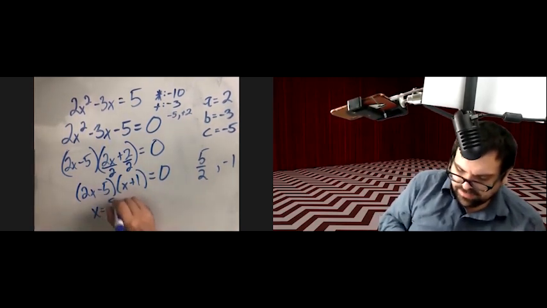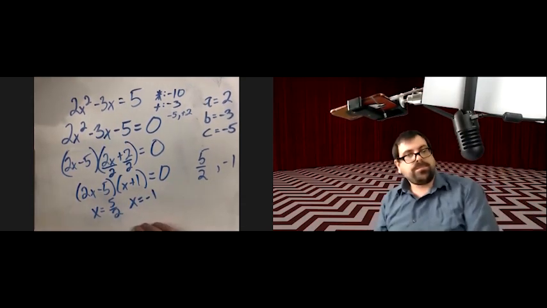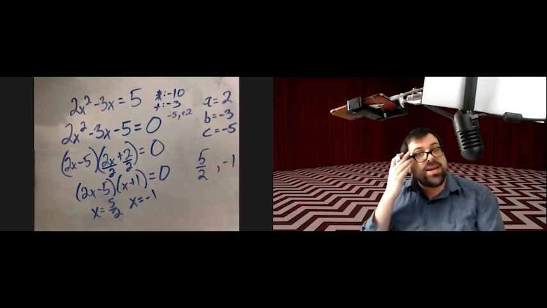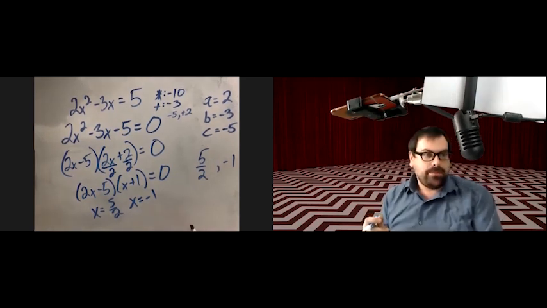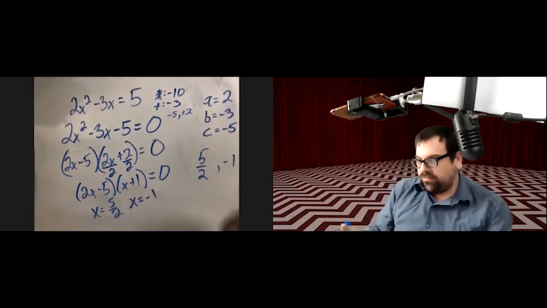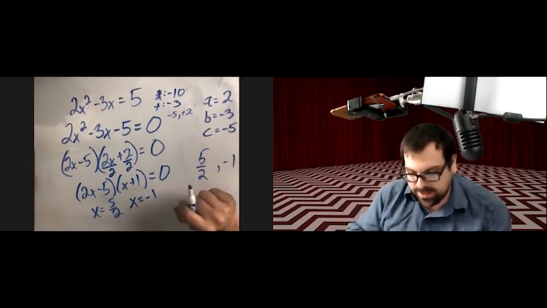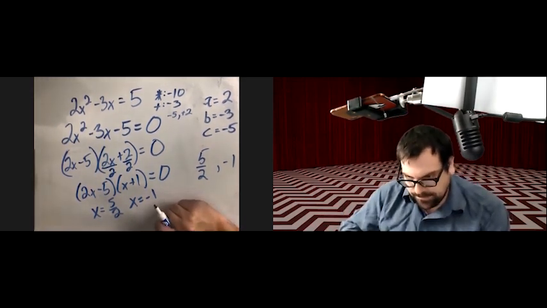X equals +5/2. X equals -1. But not all things factor. And since not all things factor, the quadratic formula exists to help us shortcut the completing the square.